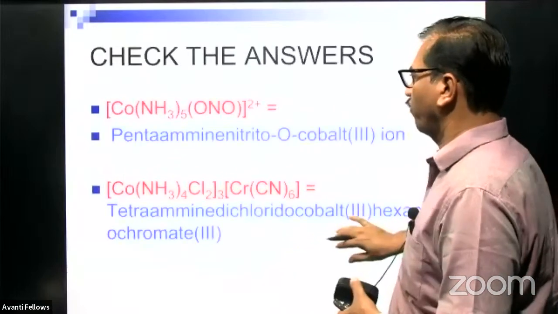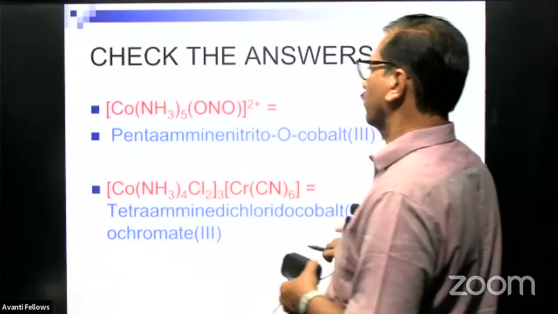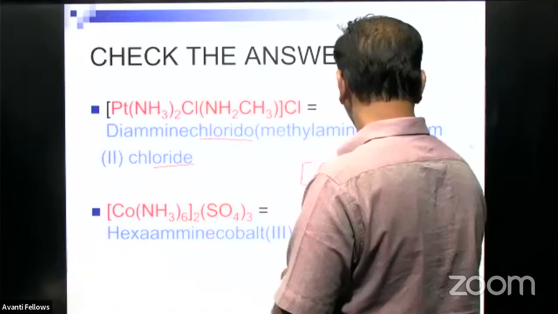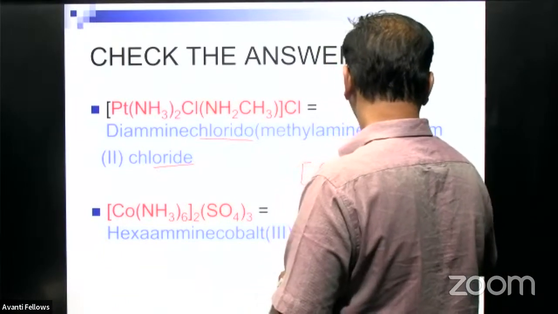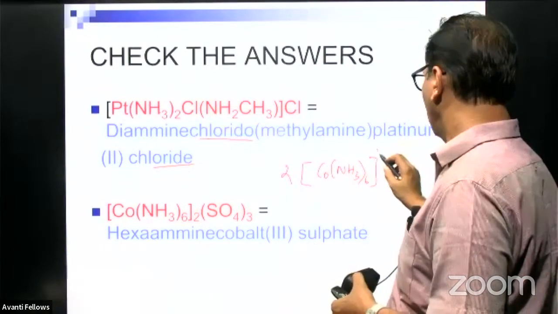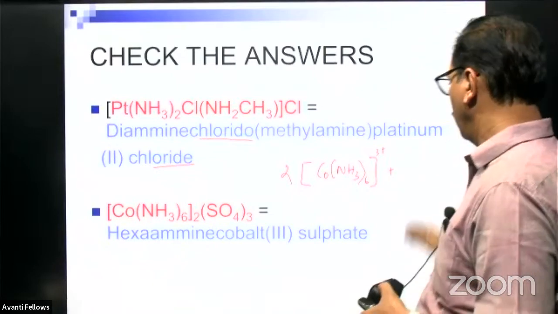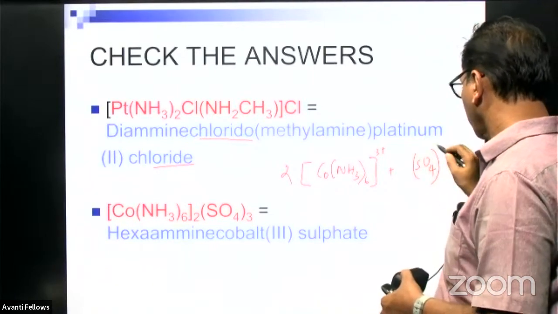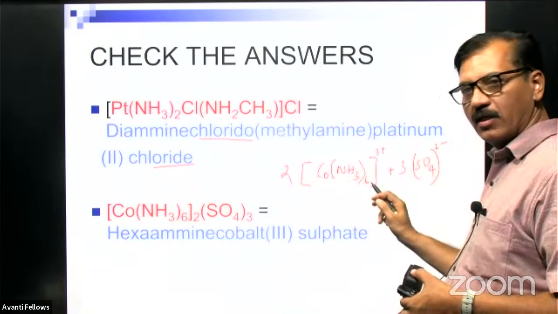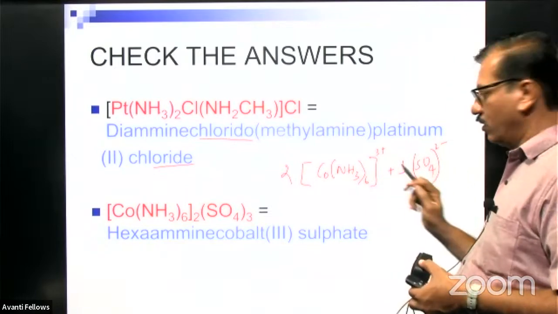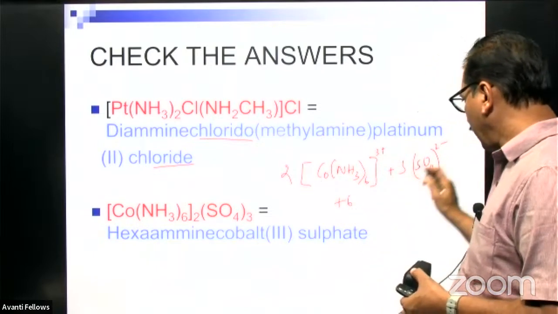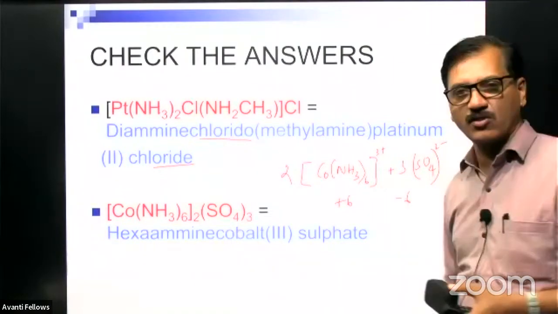This ion has 3 plus charge, and the sulfate ion has -2, and there are 3 sulfate ions. 3 into 2 plus is 6 charge, 3 into -2 is -6 charge, so that it is neutral.